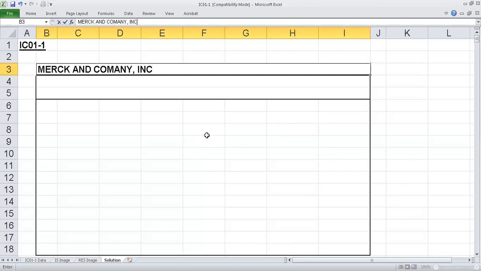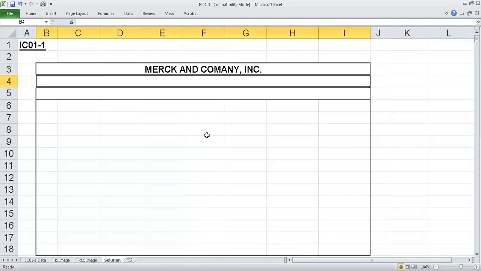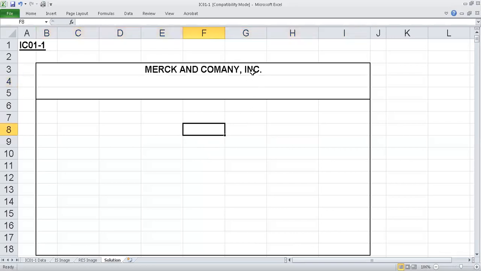And let's go ahead and add INC period. Right, the INC period just tells us the legal form of the business, the way it's organized. Stands for incorporated. So that just tells us that Merck is a corporation.